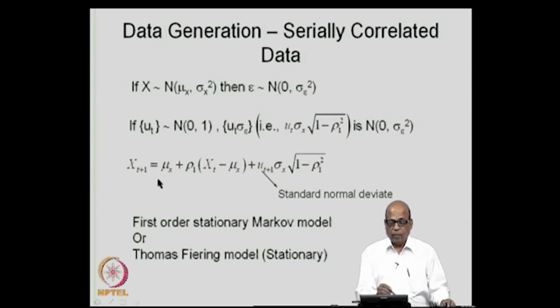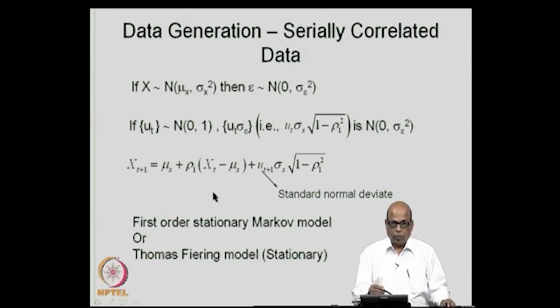Now, how do we generate values using this? From the historical observed data, you would have estimated mu x by your x bar. Then you can also calculate rho 1, which is the lag 1 correlation coefficient. So, mu x is known, similarly sigma x is known and rho 1 is known.